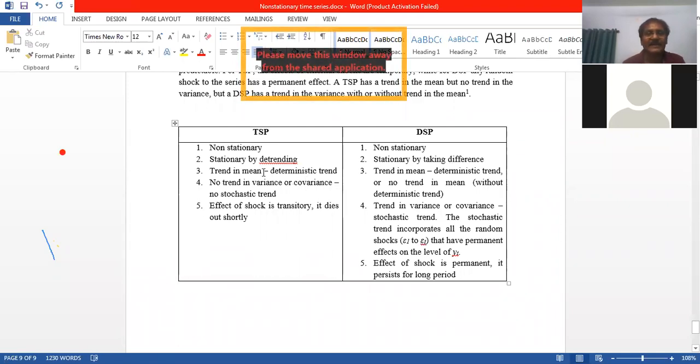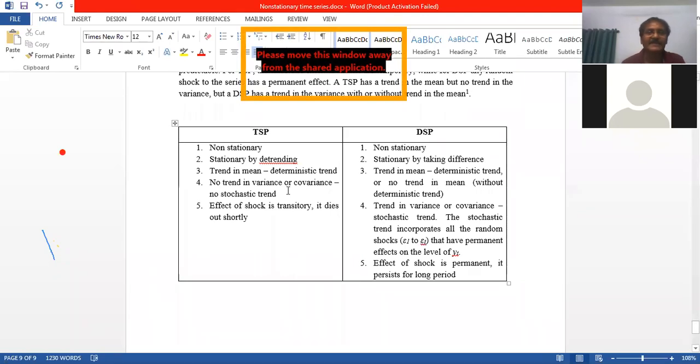In the case of TSP, we have a trend in the mean value, which is called a deterministic trend. In the case of DSP, there may be a trend in mean value or no trend in mean value, so there may be a deterministic trend or there is no deterministic trend.